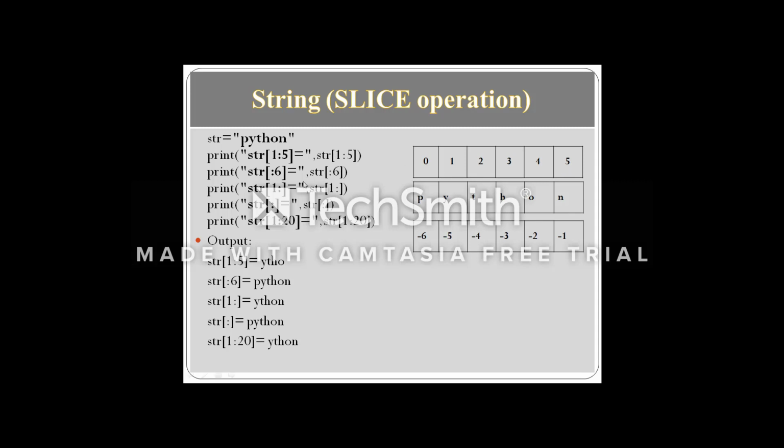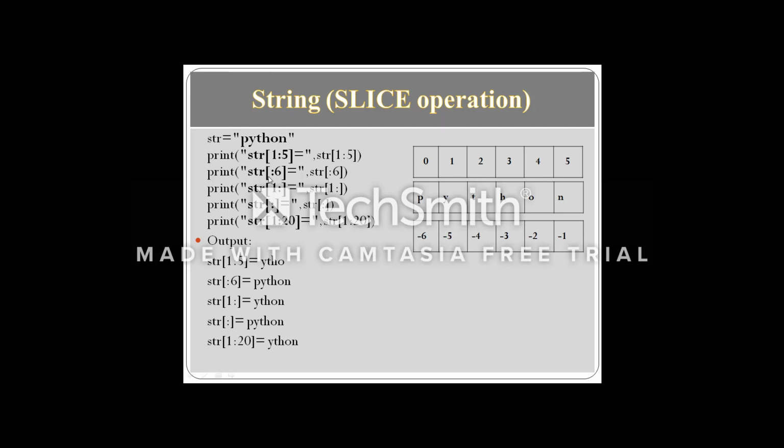Suppose in some cases the starting position is omitted. In that case, it will be considered as the zeroth position. That means if the starting position is not mentioned in a particular slice operation, then Python will consider the zeroth position of the string.